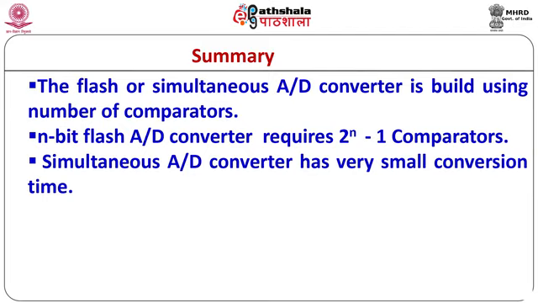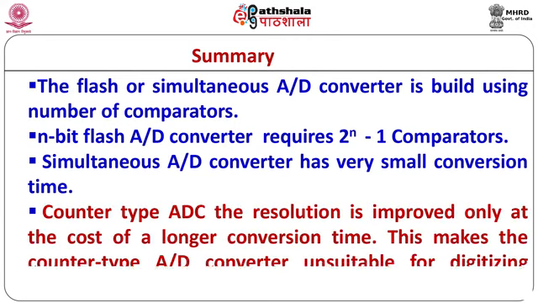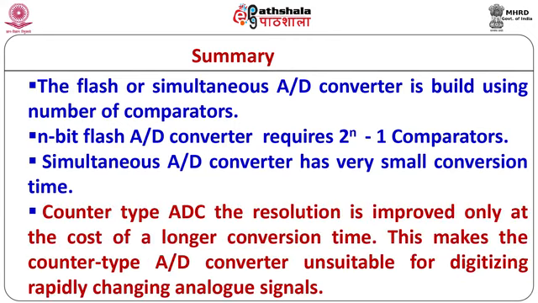This method hence is not suitable for converting an analog signal to digital form with higher resolution, and hence the counter type method of ADC was developed, which uses a variable reference voltage as one input to the comparator and the analog voltage which we want to convert to digital form as the other input.